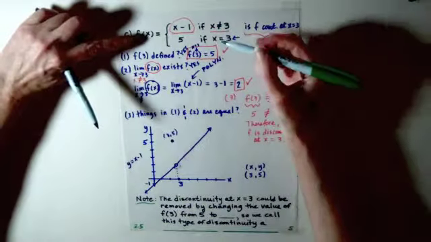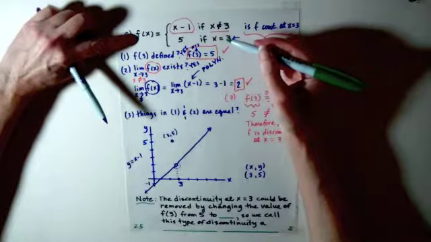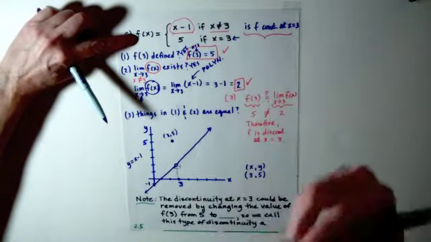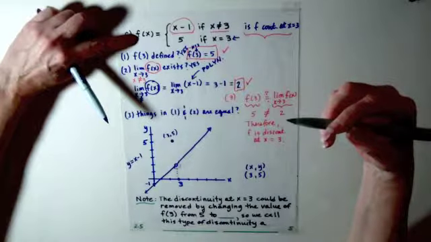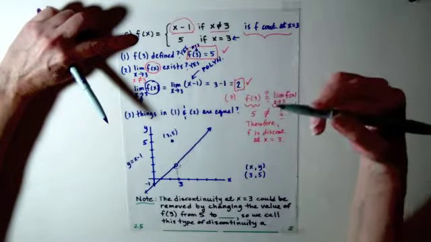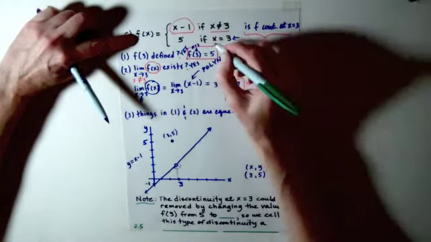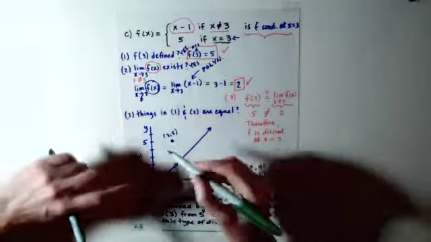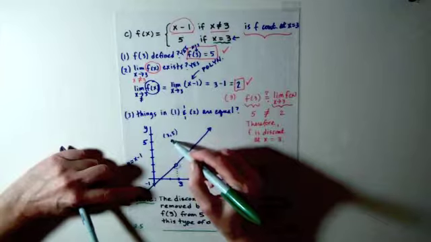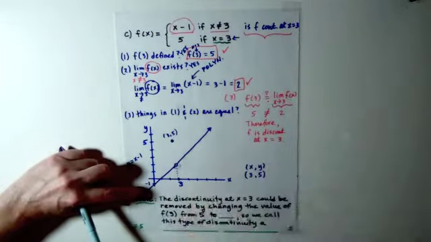If I went back up to the definition, I could actually change this into a new function that is continuous at x equal 3 by changing the definition of f at just one value, at just x equal 3. The problem with the graph is that we have this point right here that we jump up to.